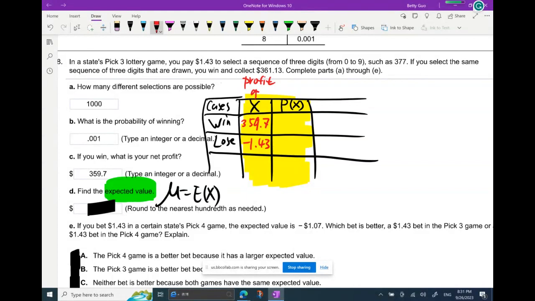Thank you. So tell me, what's the probability of winning? Look at part B. What's the probability of winning? Yeah, just tell me. 0.001. Yeah, exactly. And what's your probability of losing?